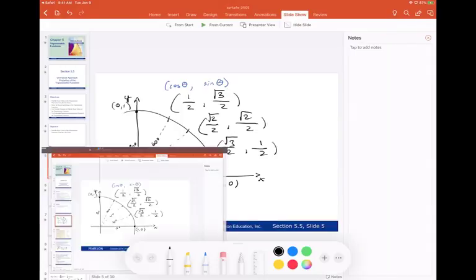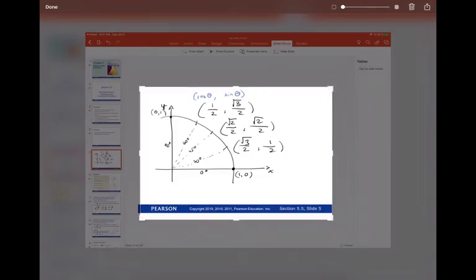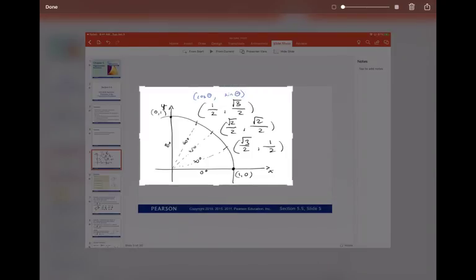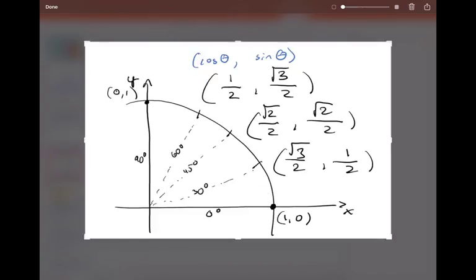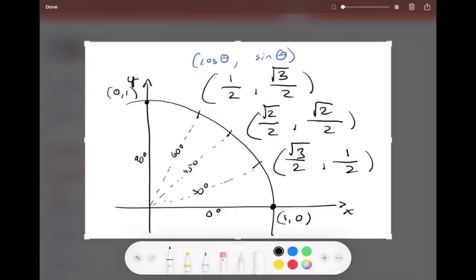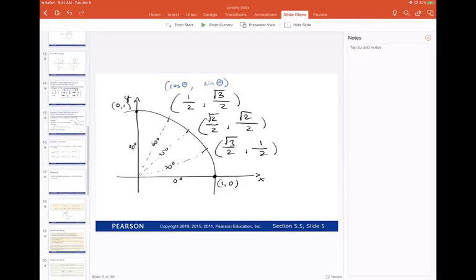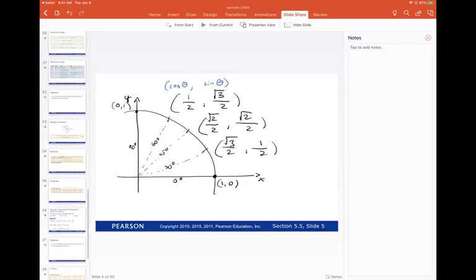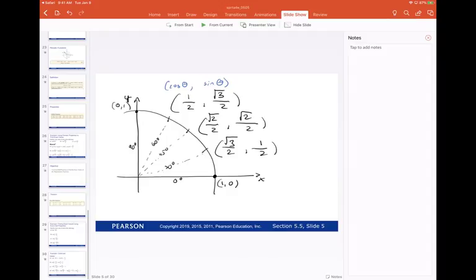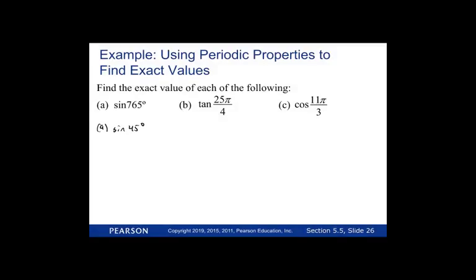I'm just going to take a copy of this and use it. I'm going to hit done, and I'll save it to photos. That's fine. So now I'm not really sure where we left off. Yeah, this is where we left off from that slide.